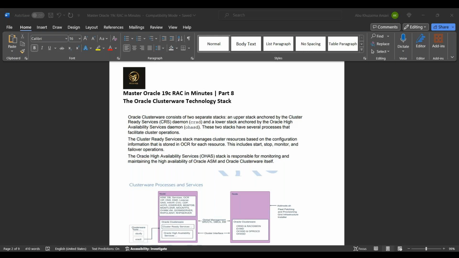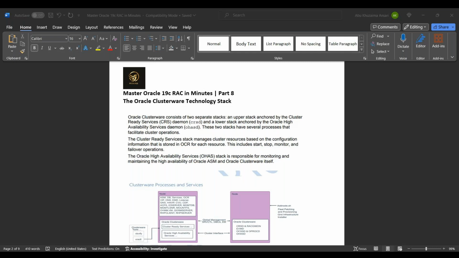But there is a daemon for that, so we say the Cluster Ready Services daemon, that is CRSD, and the lower stack we say the Oracle High Availability Services daemon, that is OHASD. So these two stacks have several processes that facilitate cluster operations.